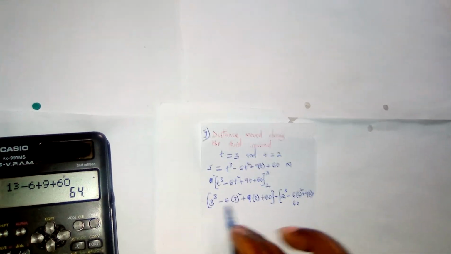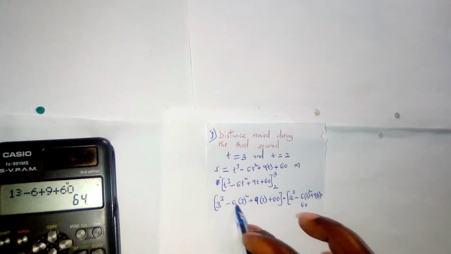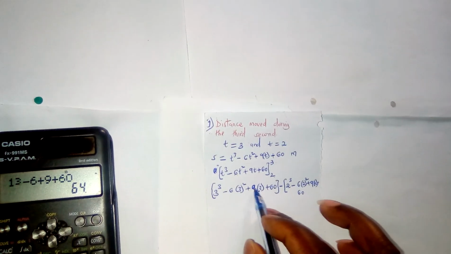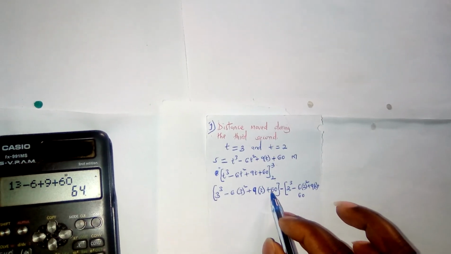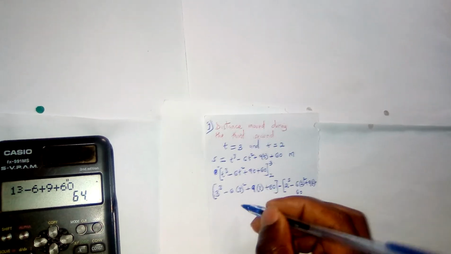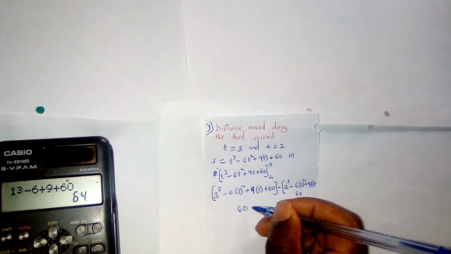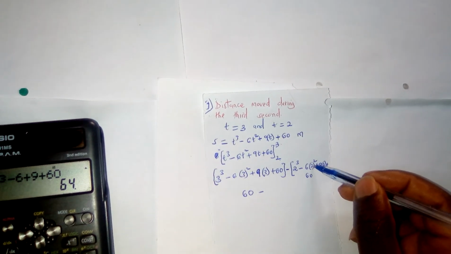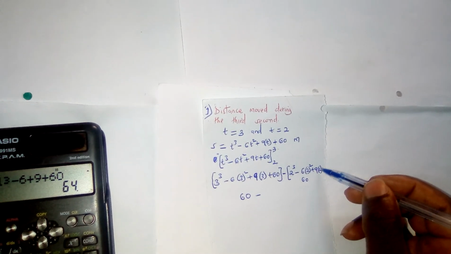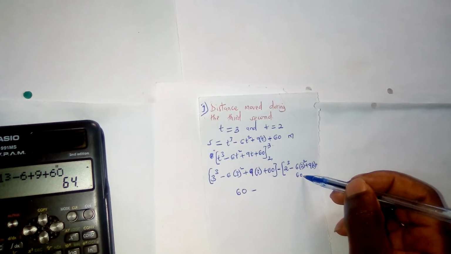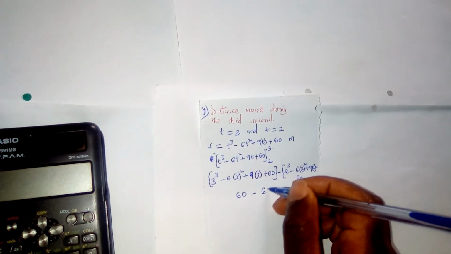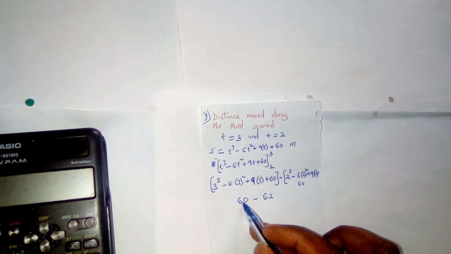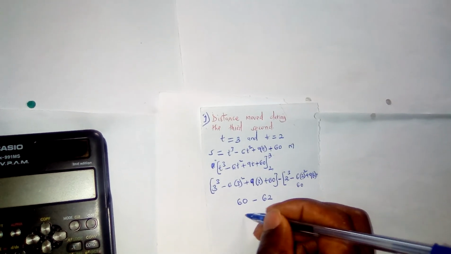So when you work out 3 cube minus 6 into 3 squared plus 9 into 3 plus 60, you will end up having 60, minus, when you work out 2 cube minus 6 into 2 squared plus 9 into 2 plus 60, here we will end up with 62. Now when you compare 60 minus 62, that is negative 2.